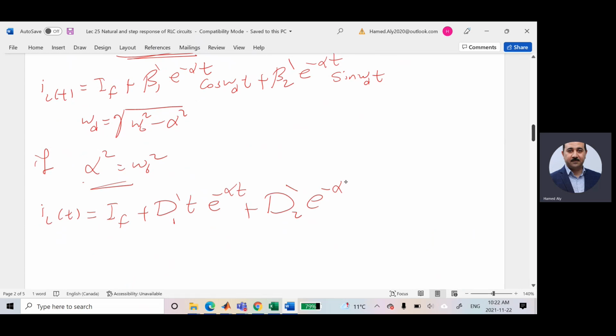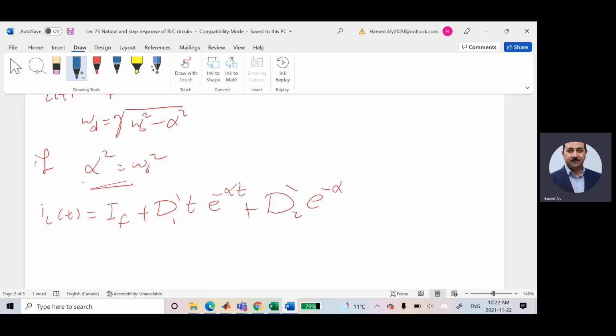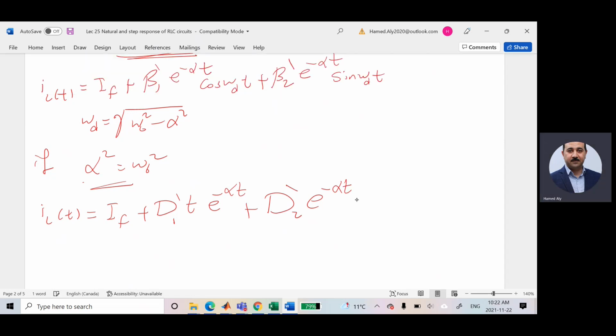Let me go back to this. This is in case alpha squared is equal to omega naught squared. Oh, what is that?